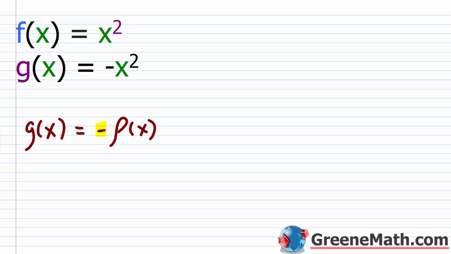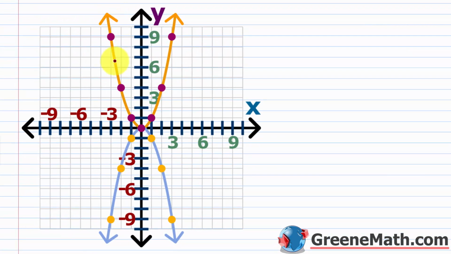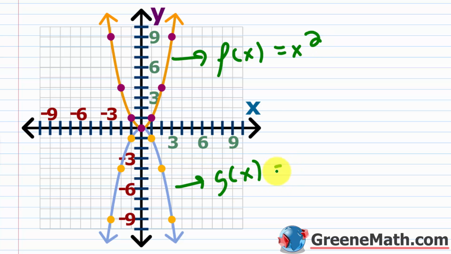You should know what this graph looks like at this point. This is my f of x equals x squared, and this is my g of x, which you could define as negative x squared, or negative of f of x. Either way is fine. You'll notice that this graph is just folded over the x-axis, or you can say reflected across the x-axis.